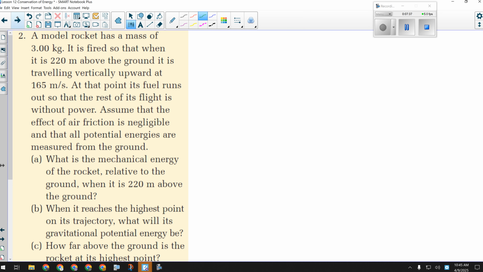The mass of the rocket is 3 kilograms times 9.81, times its initial height of 220 meters, plus its kinetic energy, 1/2 times its mass, 3 kilograms, times 165 meters per second, all squared. So if we punch all of that in, 3 times 9.81 times 220, plus 0.5 times 3 times 165 squared.